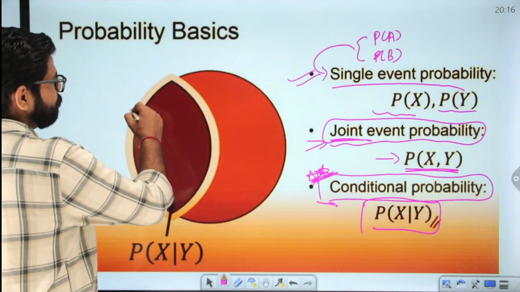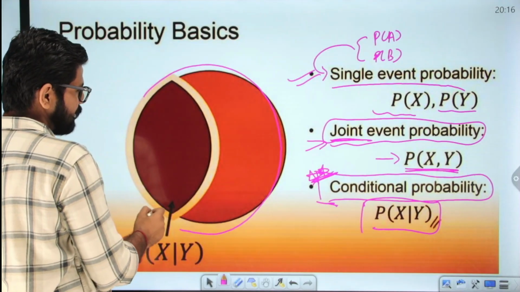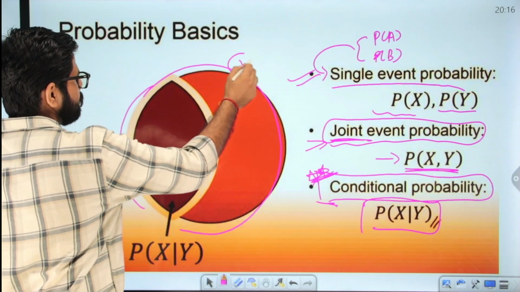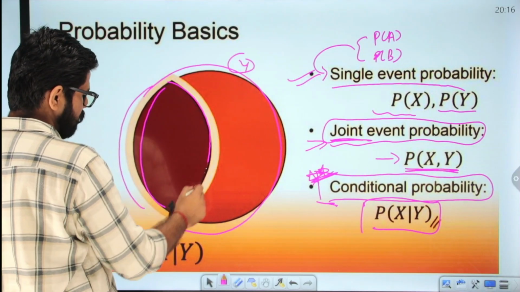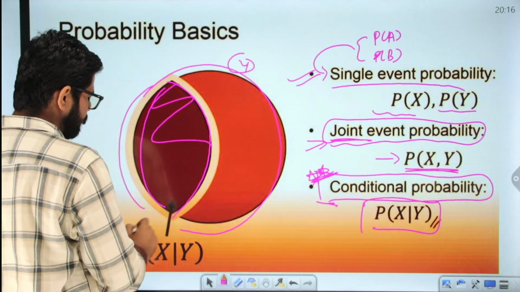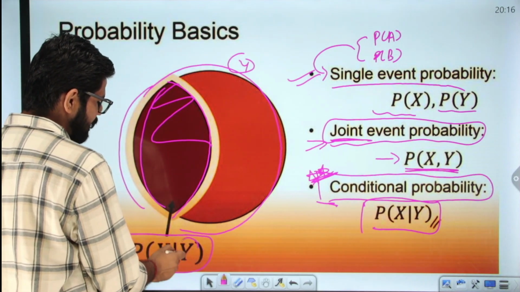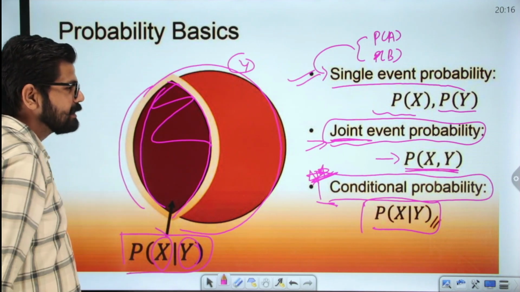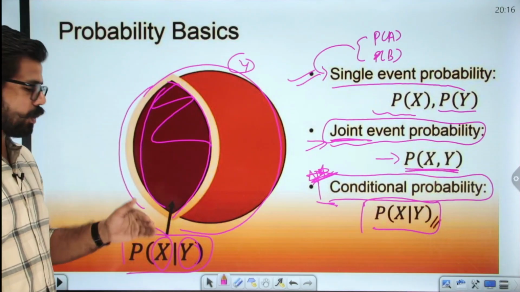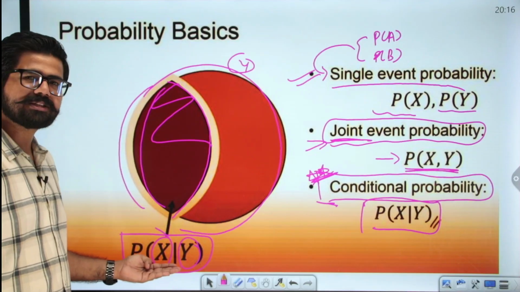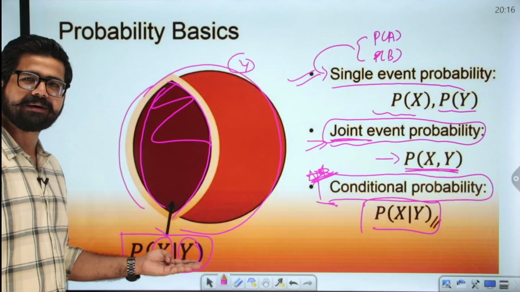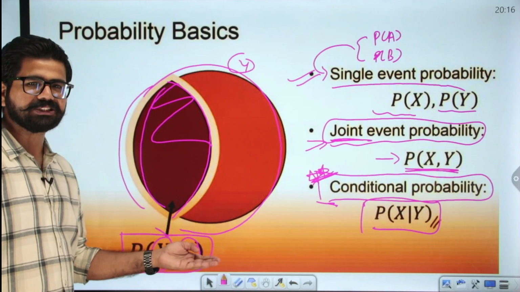That means if Y is already done, and this is X, then what is the probability of X? If Y has already happened, what is the probability of X? This is known as conditional probability. So only if you are finding this P(X|Y), then we can say that you are finding the conditional probability.